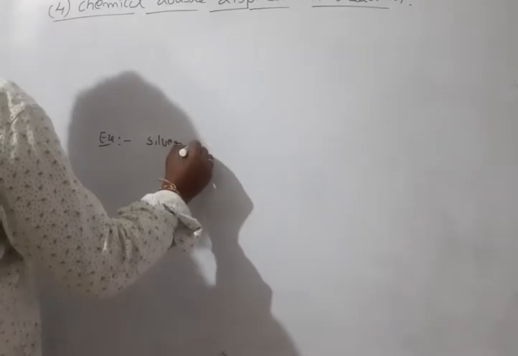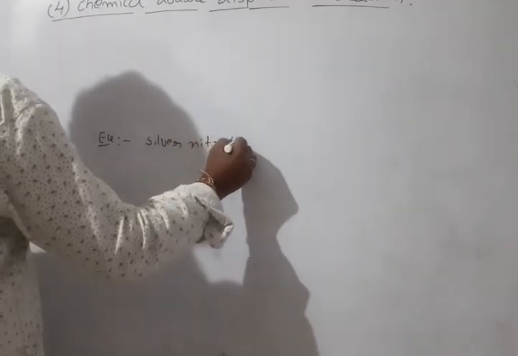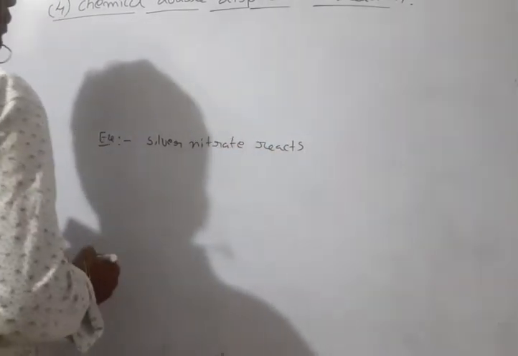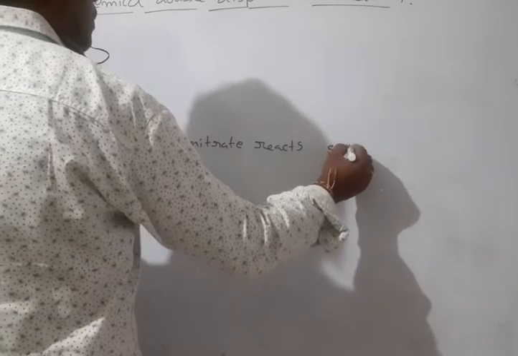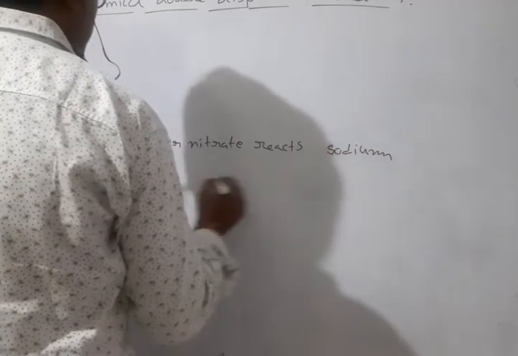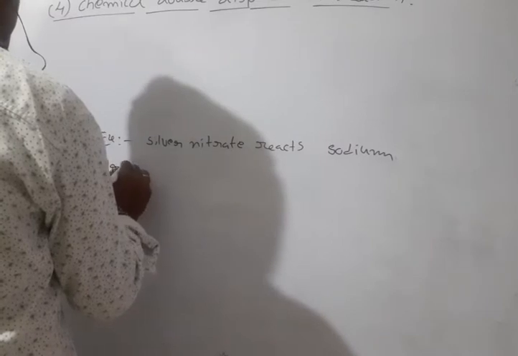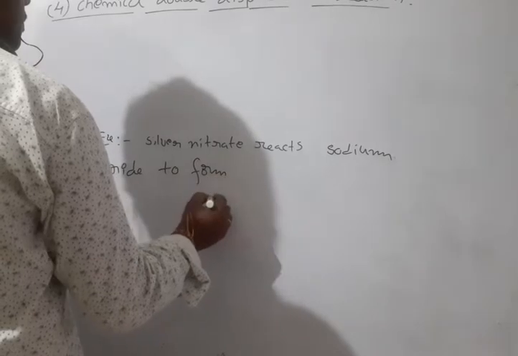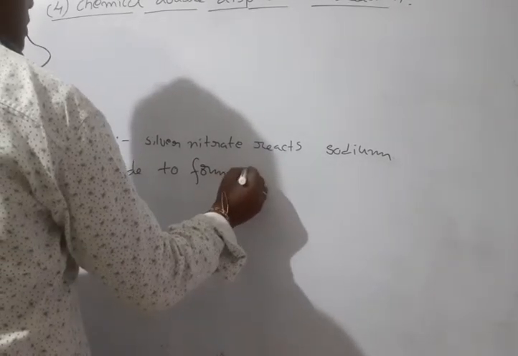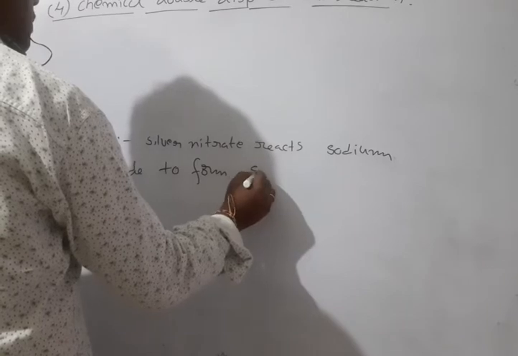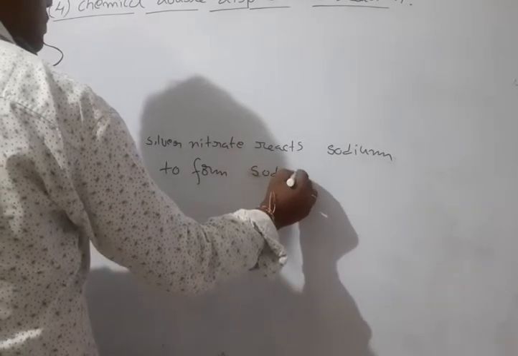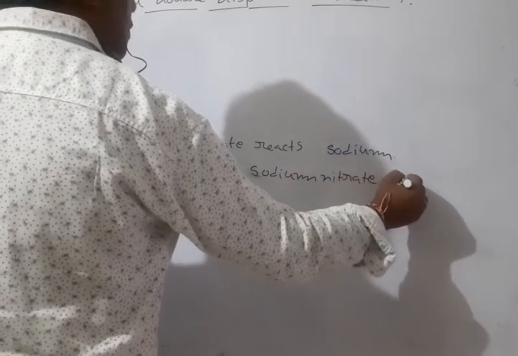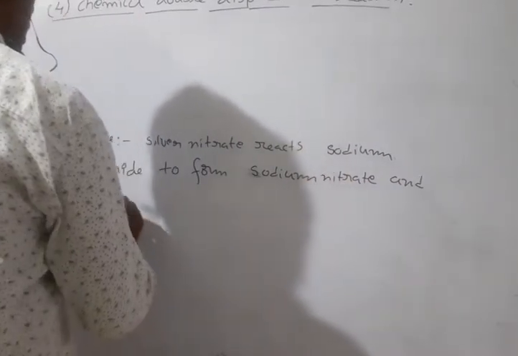Silver nitrate reacts with sodium chloride to form sodium nitrate and silver chloride.